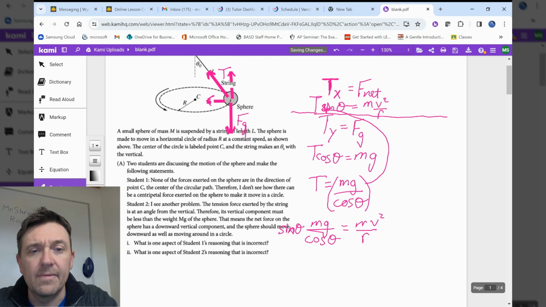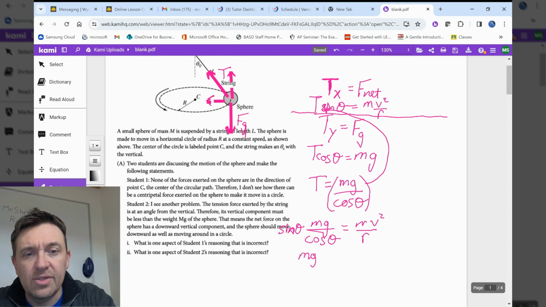Well, what's sine over cosine? That's tangent. So I got mg tangent theta that's equal to mv squared over r.